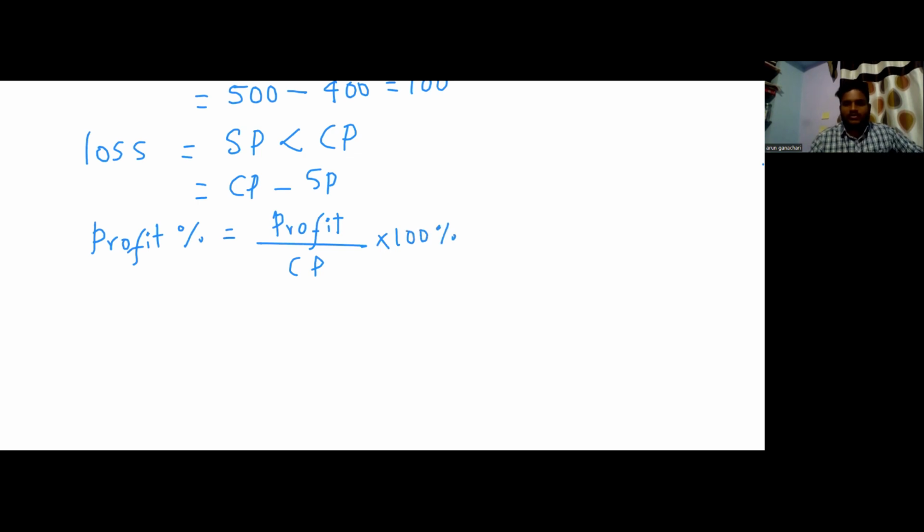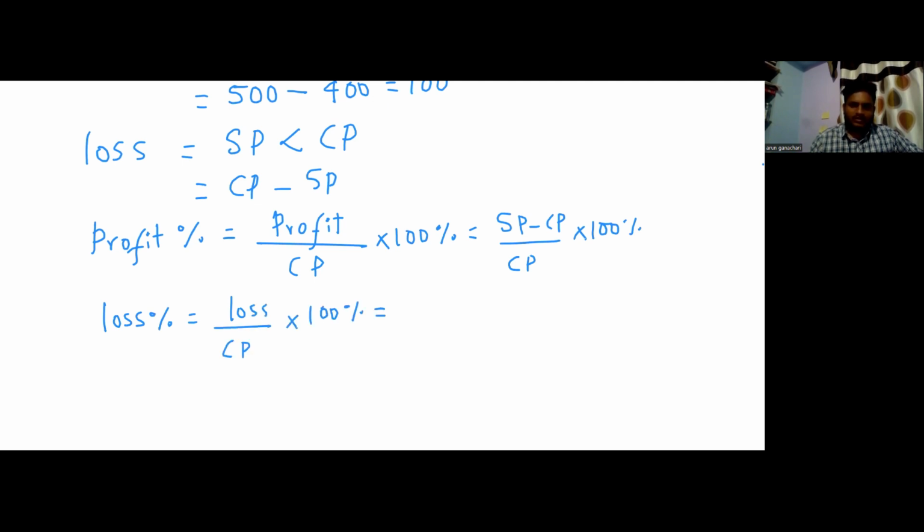Profit was SP minus CP, divided by CP into 100%. And loss percentage is loss upon CP into 100%. Loss was CP minus SP divided by CP into 100 percentage.